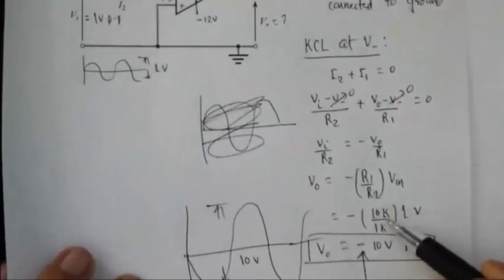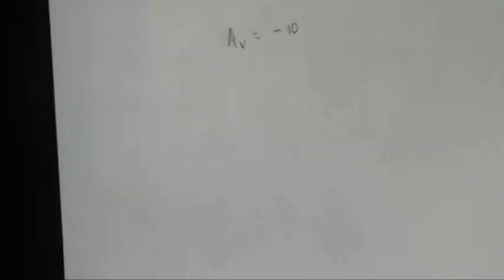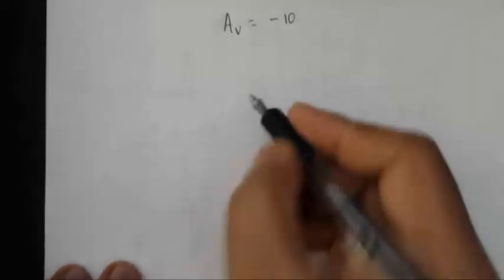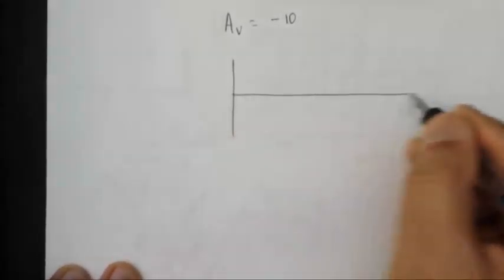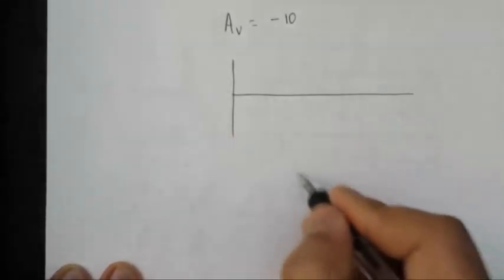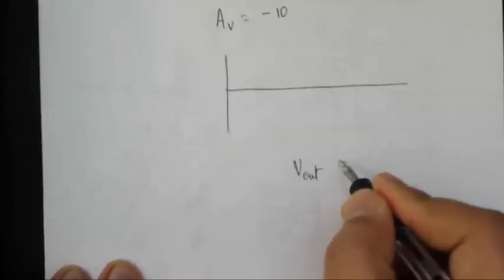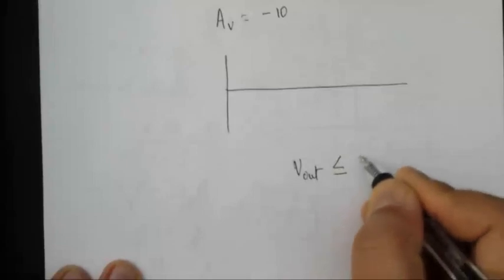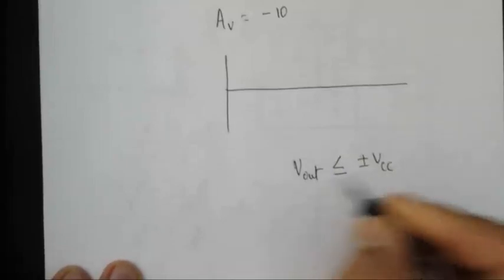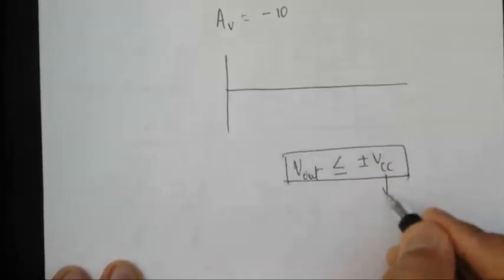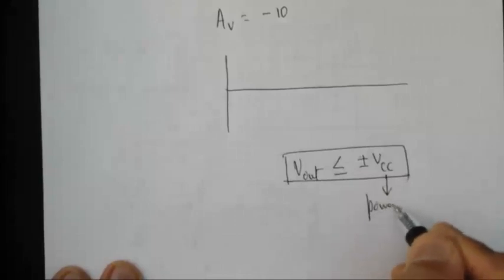But the output can't be greater than the supply. This is important: V out is always less than or equal to plus minus VCC. It can't be greater than the power supply voltage.